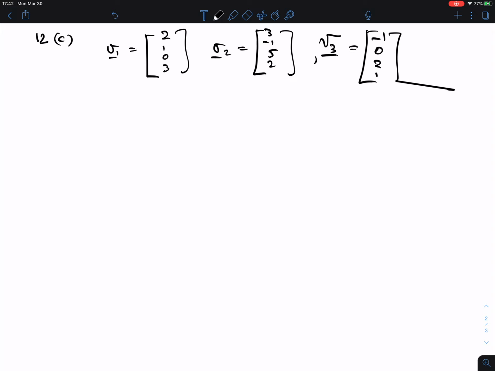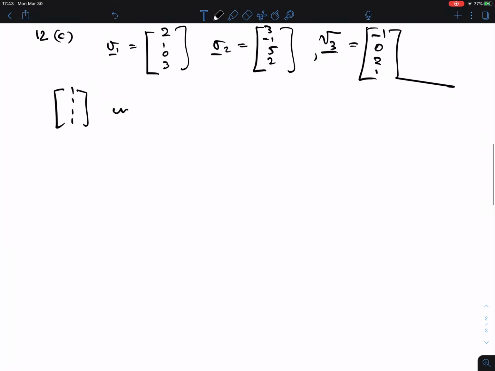Okay, and now the question in 12C is, is the vector 1, 1, 1, 1 in there? That's the question. Is it an element in the span of V1, V2, and V3?